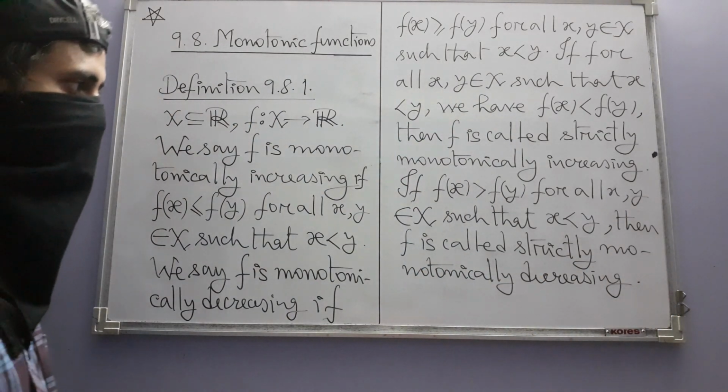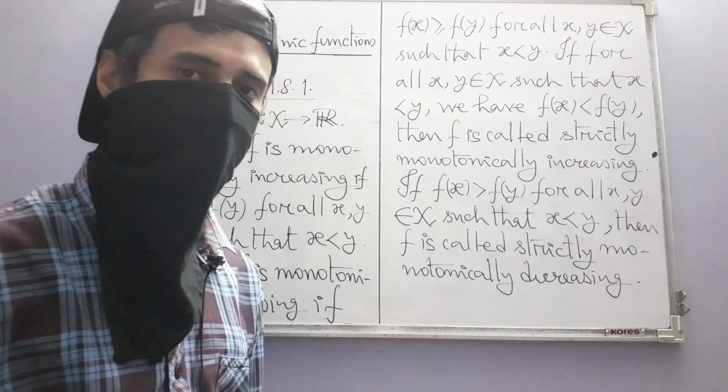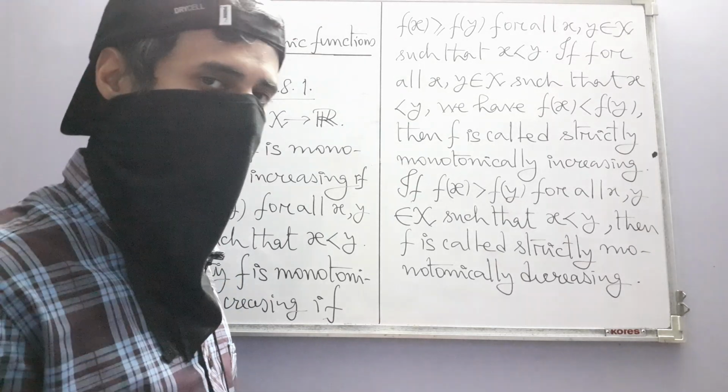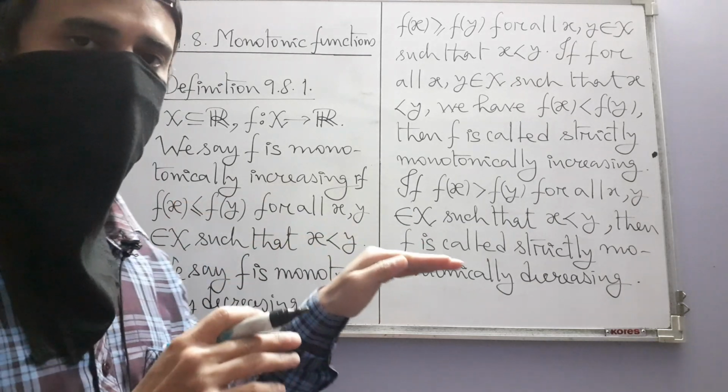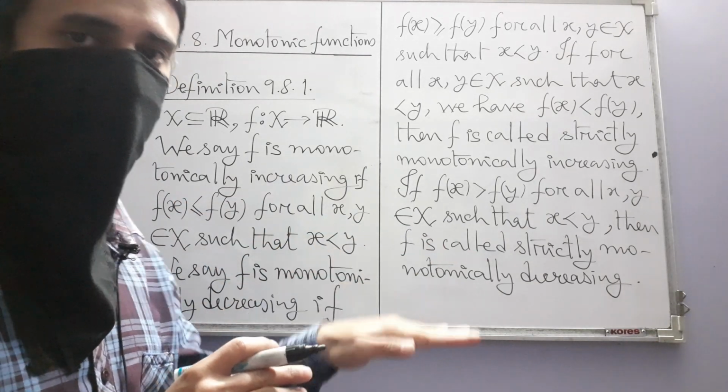decreasing. So you can understand that the graph of a strictly monotonically increasing function does not have those parts where the graph becomes horizontal.